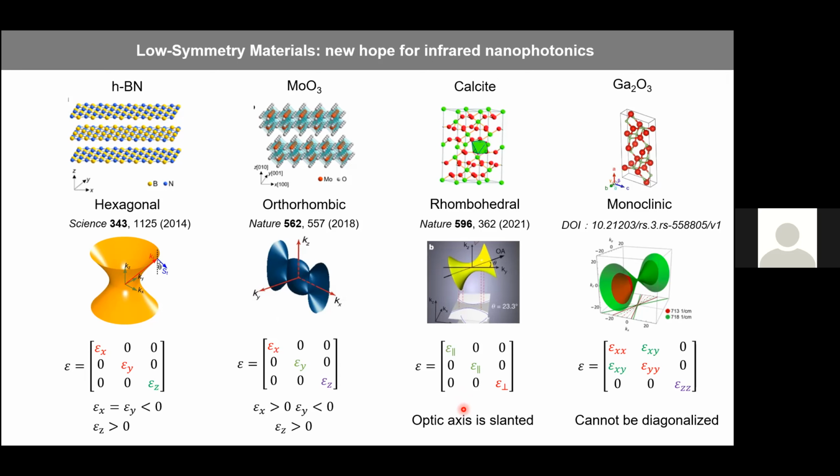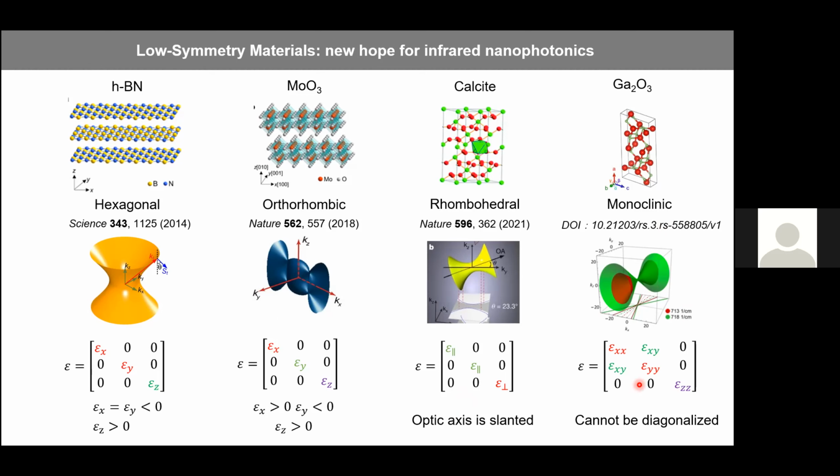So it will provide us some quite exotic, strange things, like both volume and surface confined phonon polaritons. And another one is gallium trioxide, because it is monoclinic, and we can see in its tensor of the permittivity, we cannot even diagonalize this permittivity.